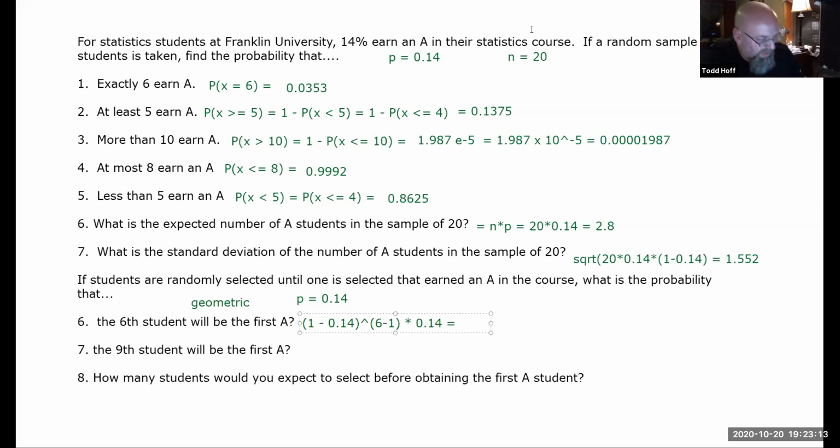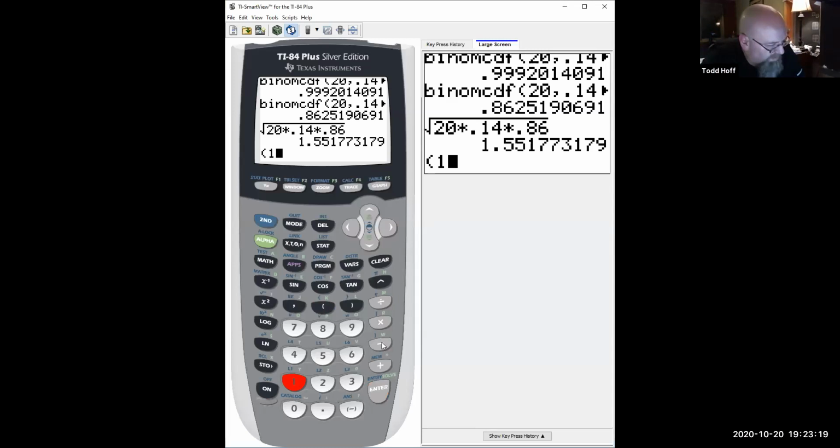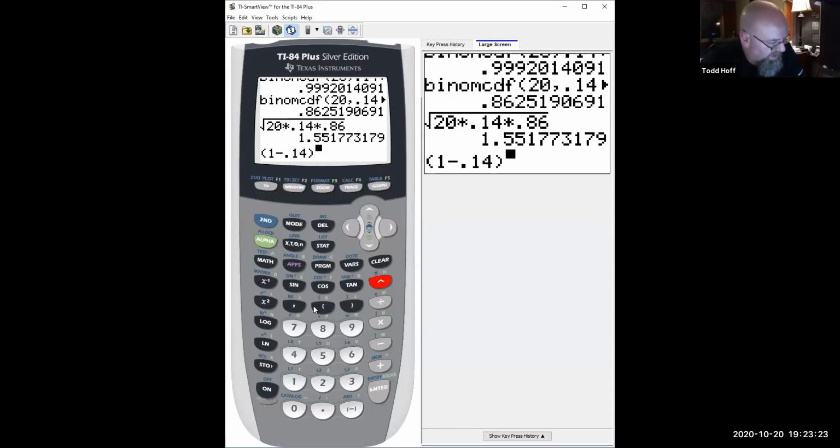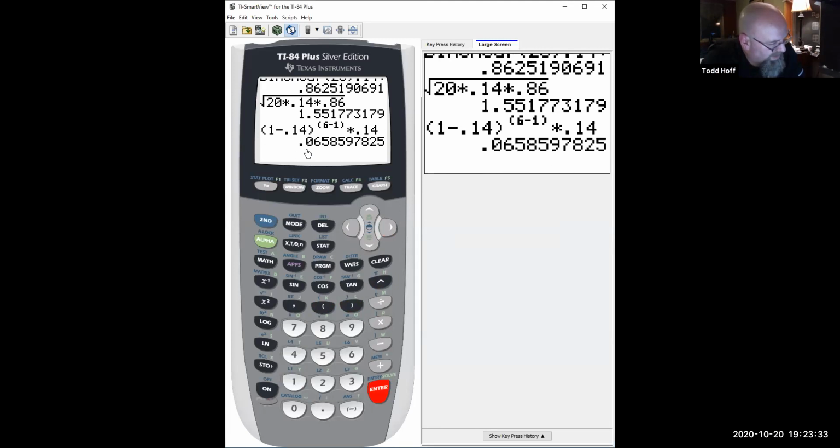Well, I'll do this first one on screen and the second one I'll do off screen. So it's going to be 1 minus 0.14 in the parentheses to the power of 6 minus 1, close those parentheses, times 0.14. We get 0.0659.